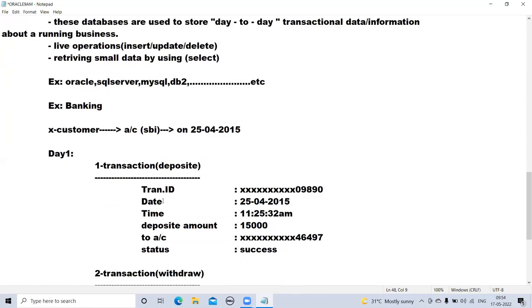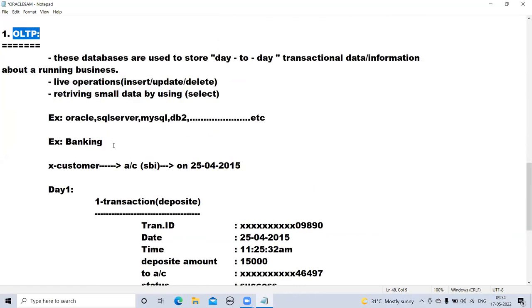For example, we said banking application. One more example is IRCTC, Indian Railway. Through that website we are booking tickets, and we can do that 24/7.